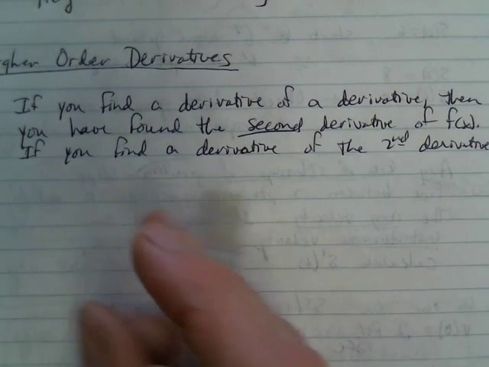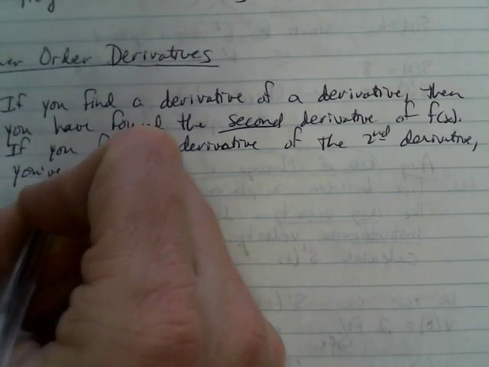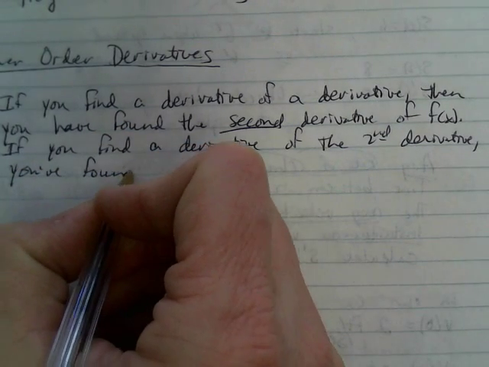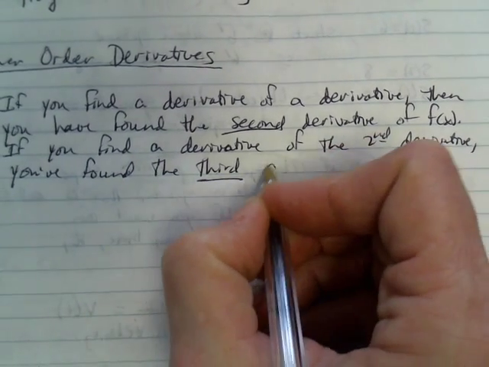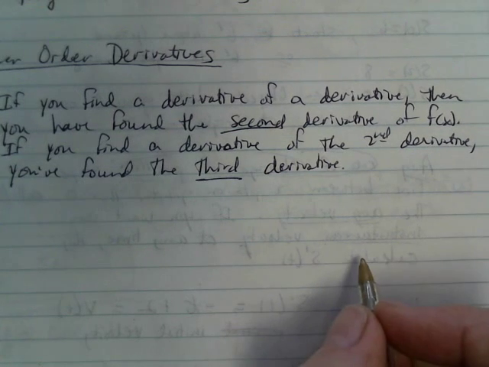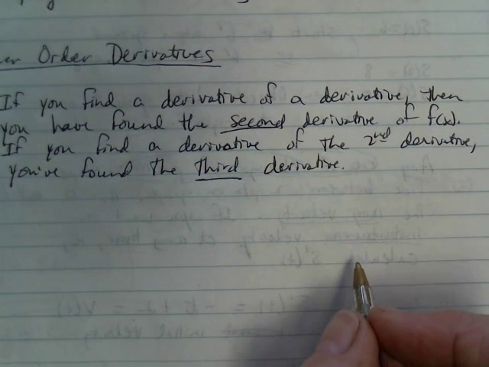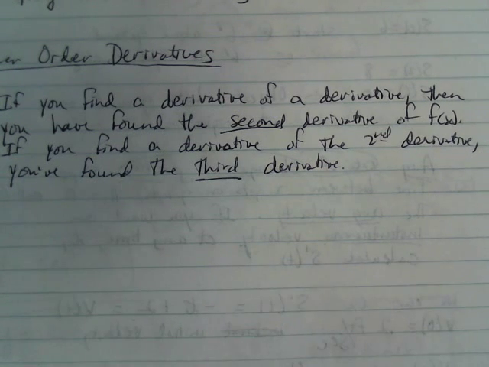So if you find a derivative of the second derivative, you've found the third derivative. And you can keep on taking derivatives for as long as you want. Sometimes they're never ending, and sometimes they do end.